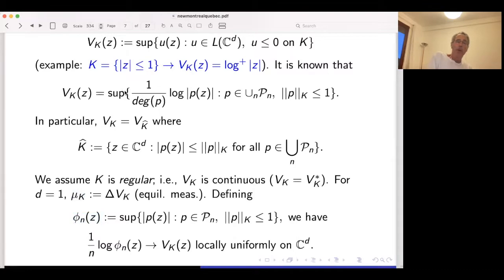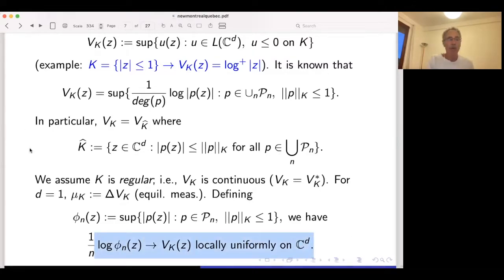Then from this characterization of V_K above, these plurisubharmonic functions 1/n log phi_n clearly converge to V_K pointwise. But if V_K is continuous, which we're assuming, this convergence is actually locally uniform.